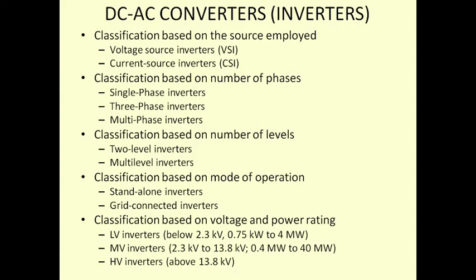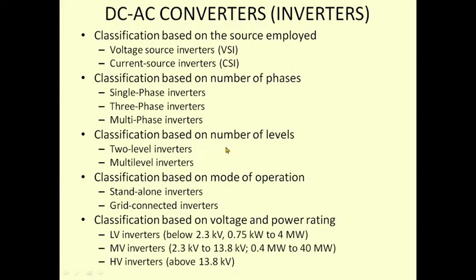What is the benefit of this? The benefit is that the current rating of the appliances or the motors reduces. For the same power level and same voltage level, the current rating per phase will reduce. This is one of the major advantages.